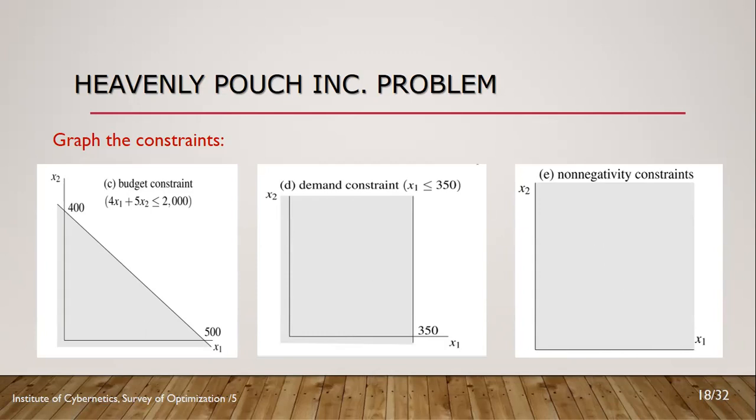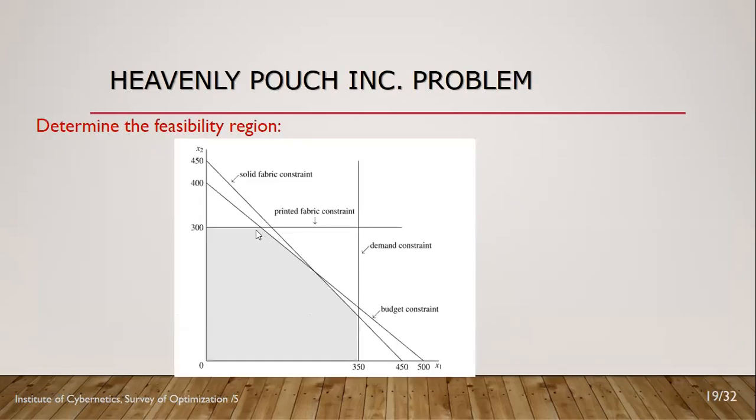Next step for us is to find the points which are feasible with respect to all the constraints. For this, we need to find the overlap of all the shaded regions, and the set of points that satisfy all of these constraints will be the feasible points. So the set of points in the overlap are here.